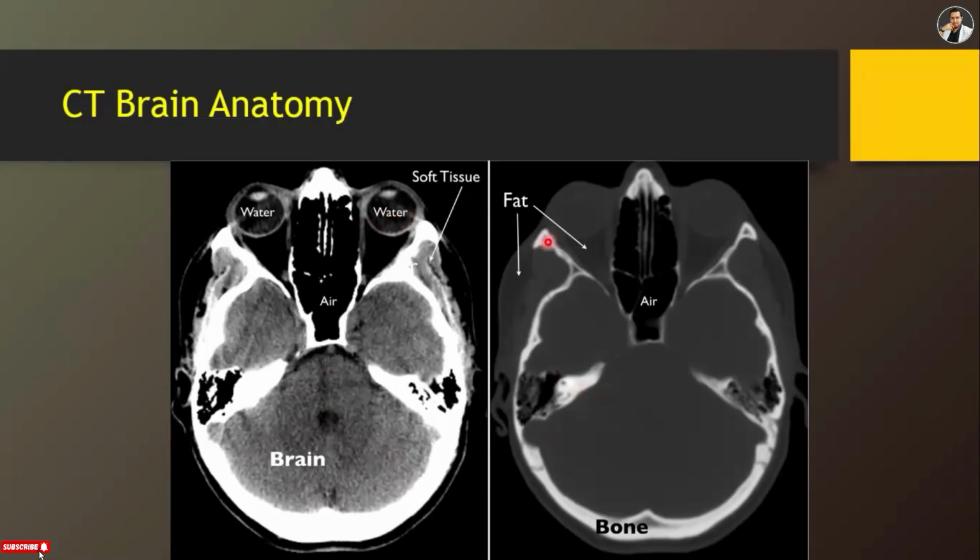So, we have to keep in mind which things are dark in CT scan. The dark things in CT scan are air, which is black, and fat.